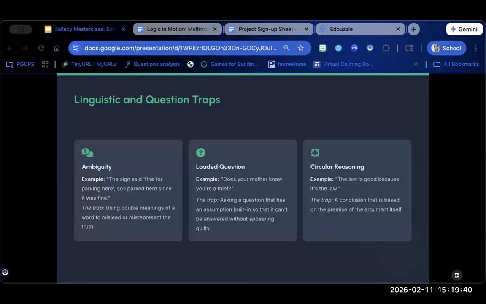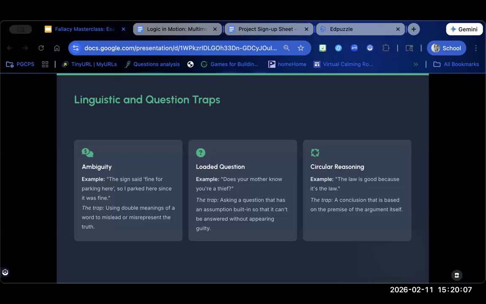For instance, let's say I'm a police officer and I pull up to you on the curb because I noticed that you're parked in an area where you're not supposed to be parking. And I ask you why. And you mention to me, well, the sign said fine for parking here. So I parked here since it was fine. So again, we're talking about fine as in a penalty where we have to pay money versus fine as being a state of being or a feeling.